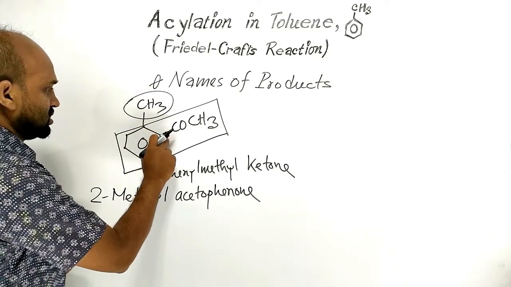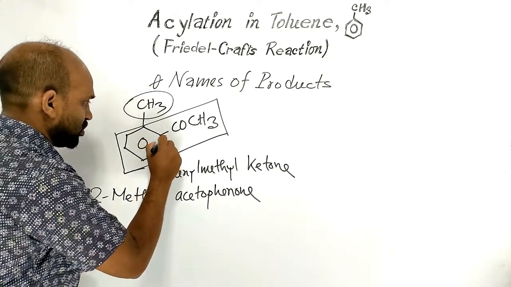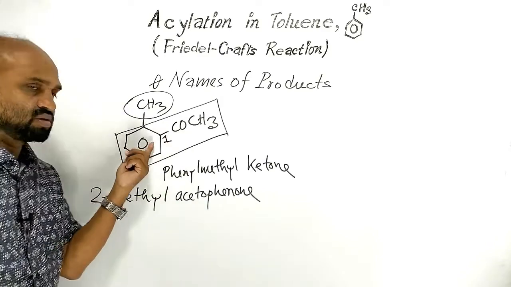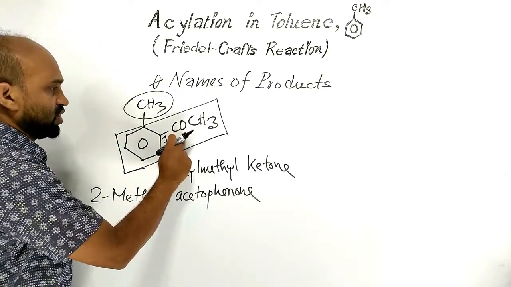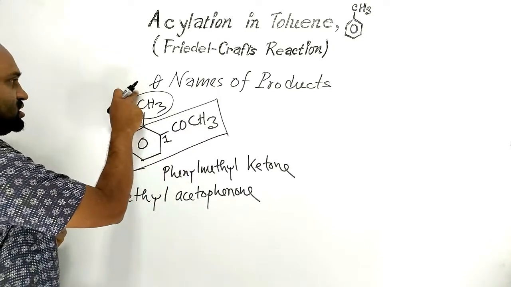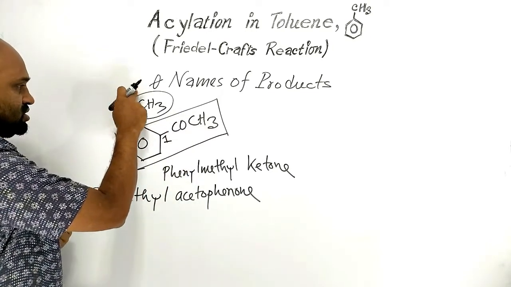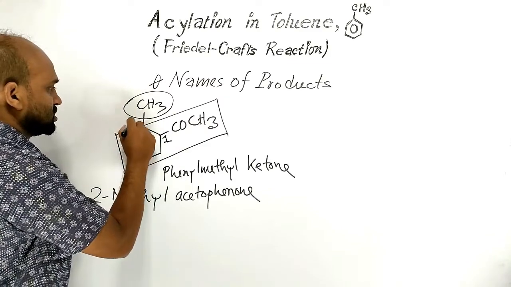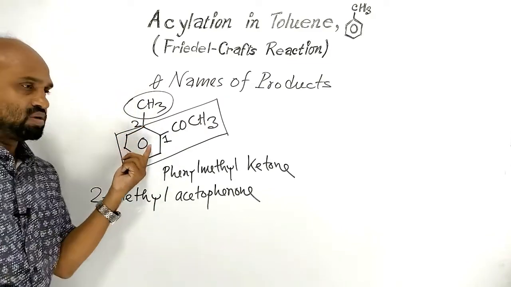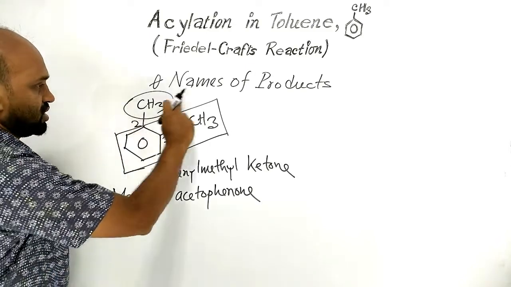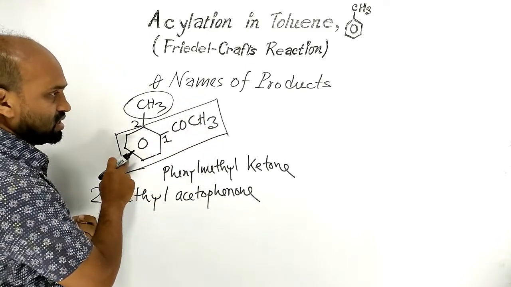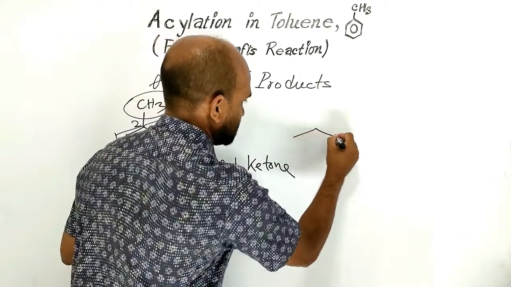Here this is carbon number 1 because it is considered main compound and this is considered substituent. So this is 1, this is 2. Its name is 2-methyl acetophenone.